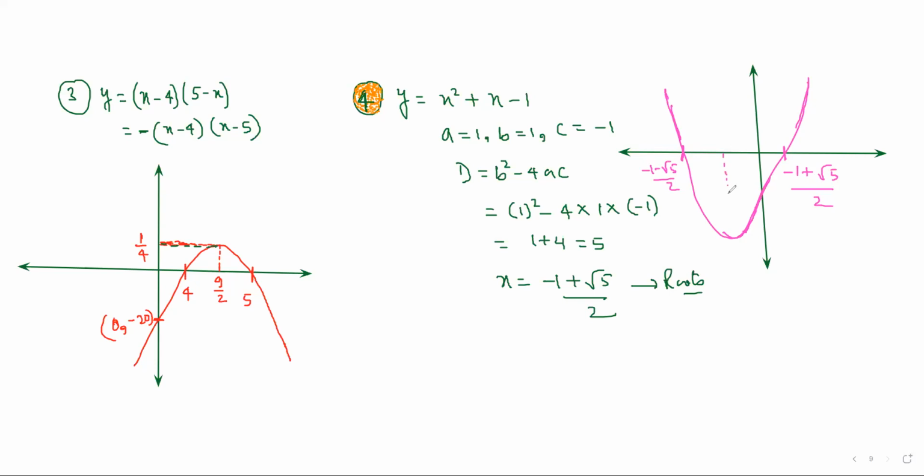And this is minus half, and this is minus 5 by 4. 0 comma c, so this is 0 comma minus 1, this coordinate. Okay now. So number 4 is completed. What about number 5? Number 4 is completed now. Any doubts, guys?